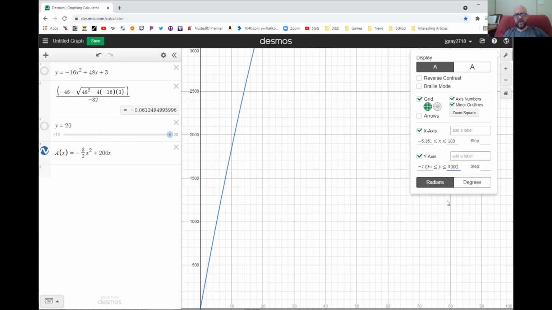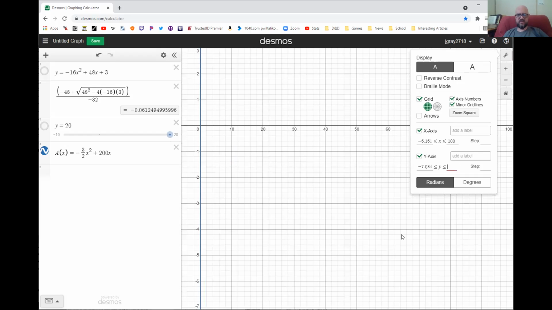Have I put in the right thing? Minus 3 halves x squared plus 200x? Is she really getting more than... Oh yeah, no, this could be right. 400 feet of fencing is a lot. 200 by 200 roughly would be 40,000.